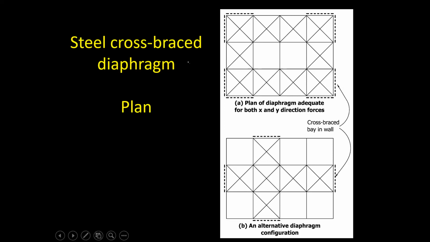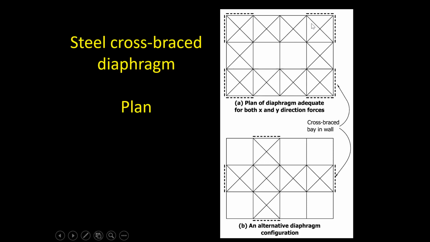And then for forces in the X direction, here's a truss effective in the X direction, and here's the second truss, transferring forces to the bracing that is strong in the X direction.